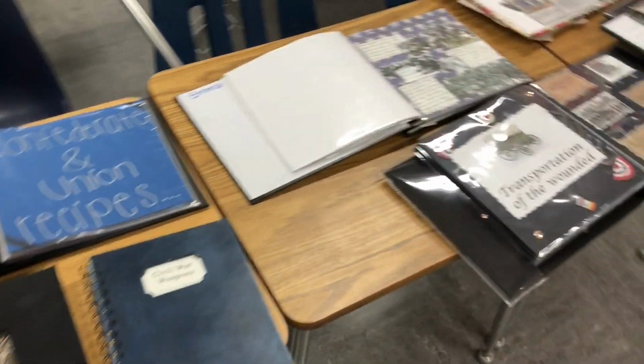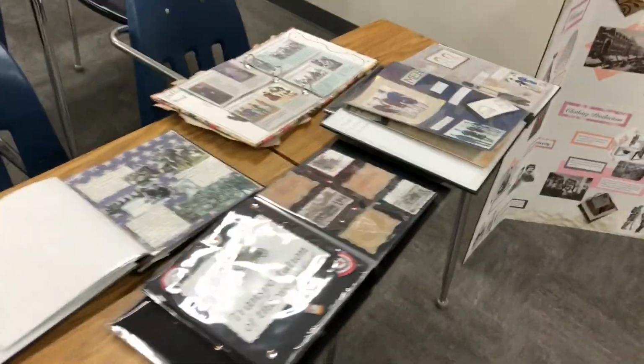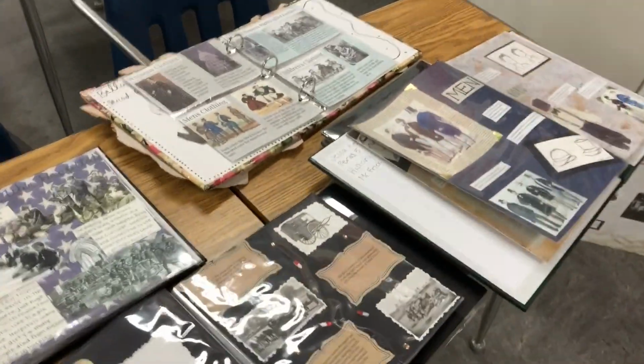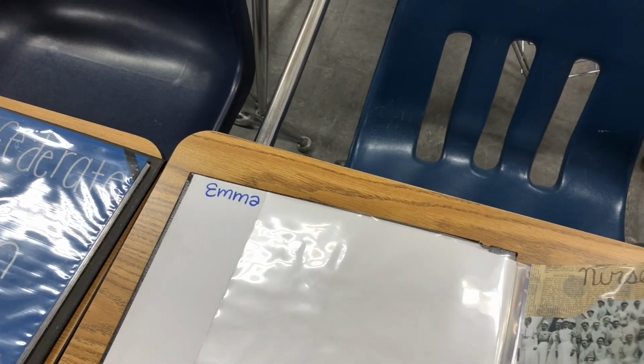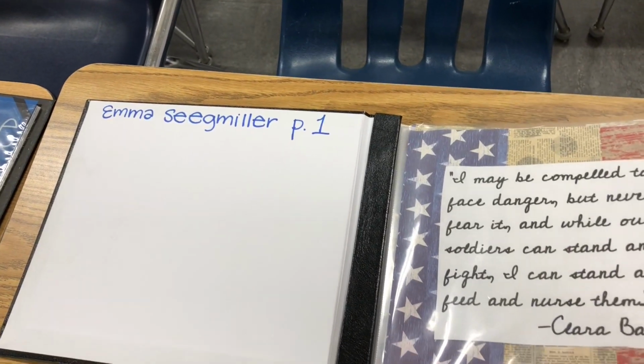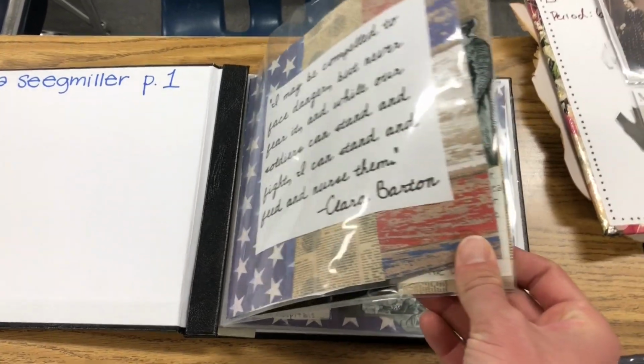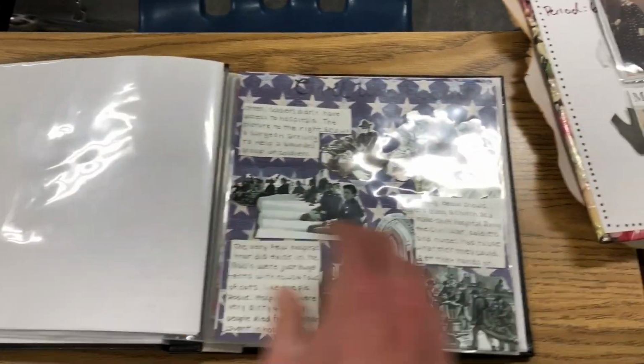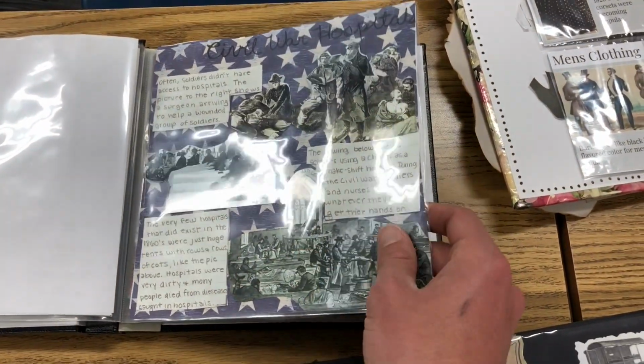The next project we're going to look at is the photo album. So this is kind of a fan favorite here. Lots of students do the photo album. It works with pretty much any topic. We have actually Emma Siegmiller's here from a few years back. She did it on hospitals and nurses during the Civil War.